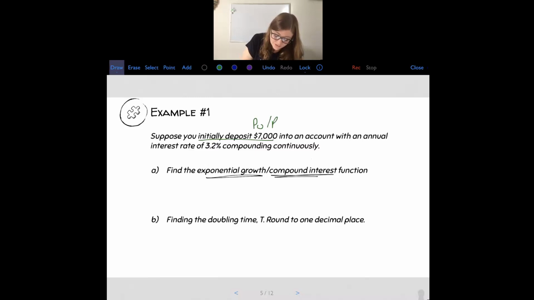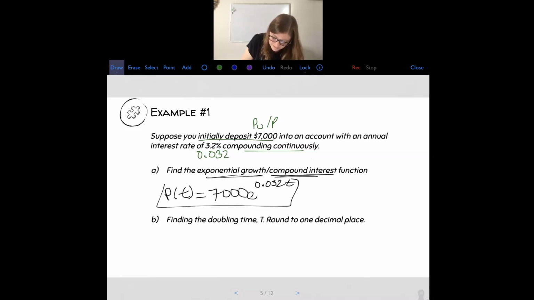With an annual interest rate of 3.2%, as a decimal that's 0.032, and it's compounding continuously, which tells us we're using exponential growth. So we have everything we need. P of t is equal to 7,000 e to the k, which is 0.032, times t. This will allow us to get the amount in the account after t, where t is in years.